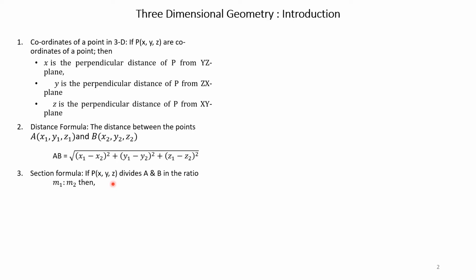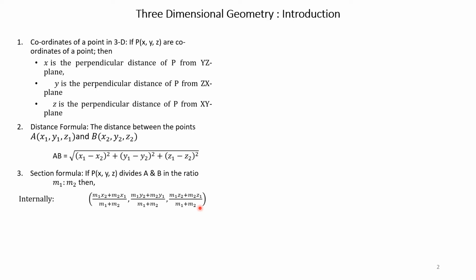Section formula. If P(x, y, z) divides AB in the ratio m1 is to m2, then when it divides internally, the coordinates are (m1 x2 plus m2 x1) divided by (m1 plus m2), comma (m1 y2 plus m2 y1) divided by (m1 plus m2), comma (m1 z2 plus m2 z1) divided by (m1 plus m2).